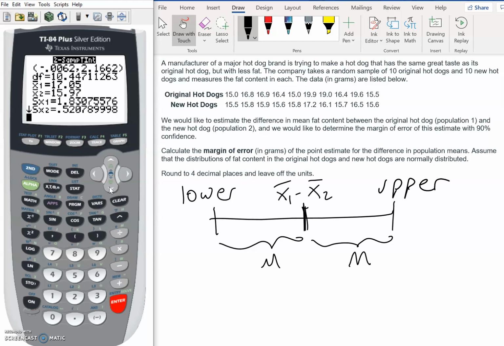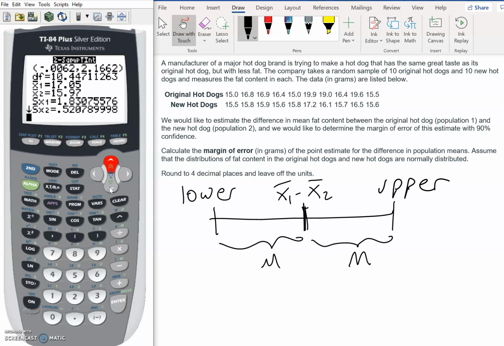So what we know is we're going to be given a lower bound and an upper bound here. We're also given some other pieces, right? We're reminded of sample sizes and individual standard deviations. So yeah, we have the formula, we could actually use those as well.